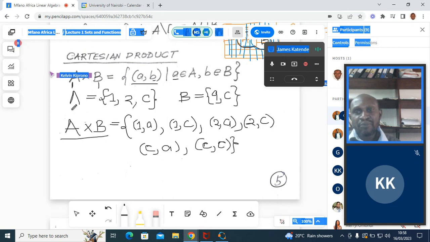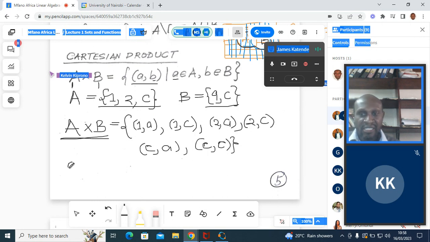There's a connection between the numbers of elements. The number of elements in the set A is 3, the number of elements in the set B is 2, and the number of elements in the cross product of A and B is 6.